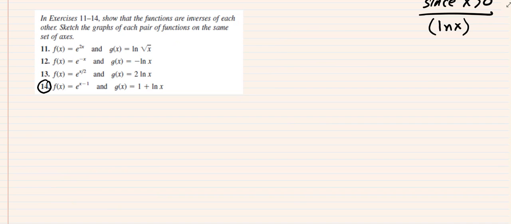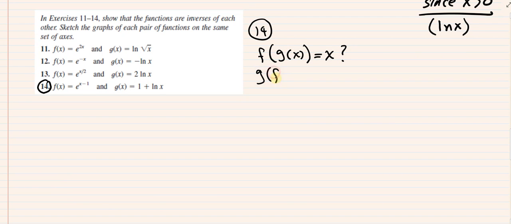Okay, so first, to show that they're inverses of each other, remember, if they are, then we need to show that the composition of f of g of x is x, and we need to show that g of f of x also, both of those must be x. So let's see if that holds. This is true for, in fact, all of these, not just number 14. That's what you need to show.